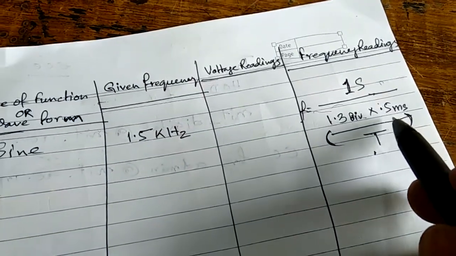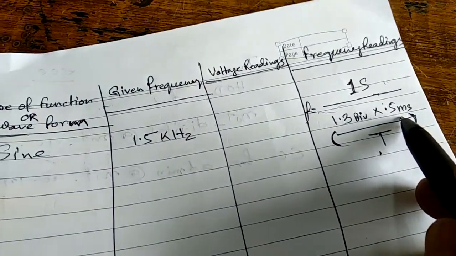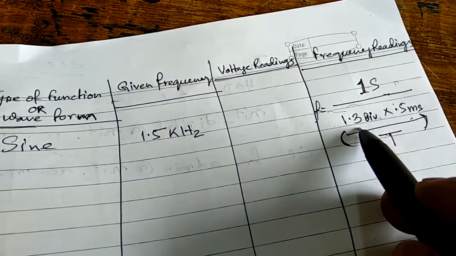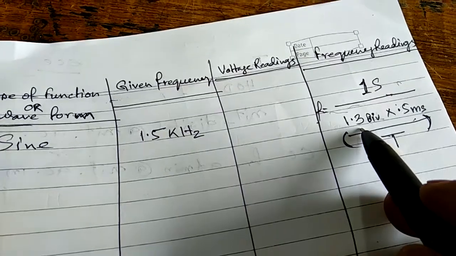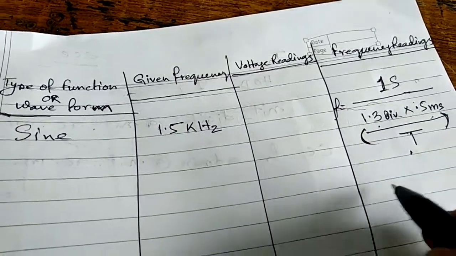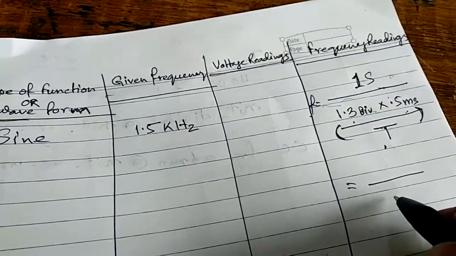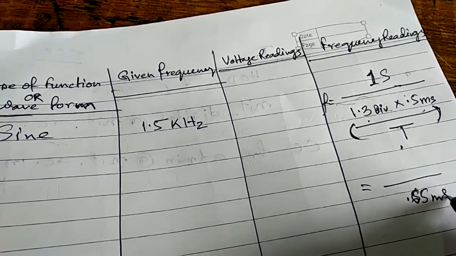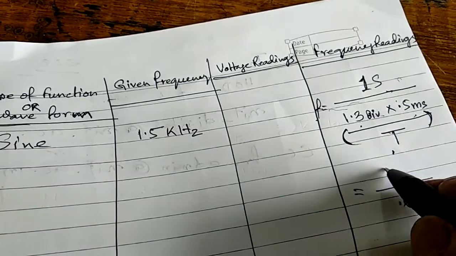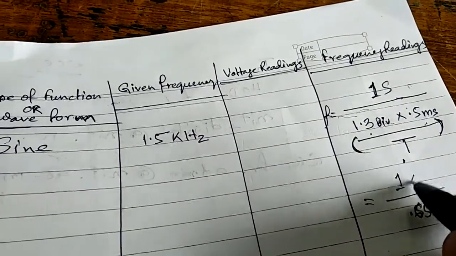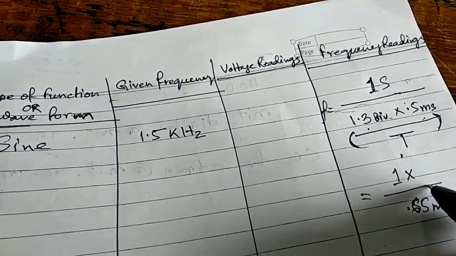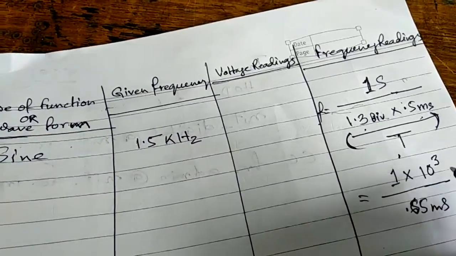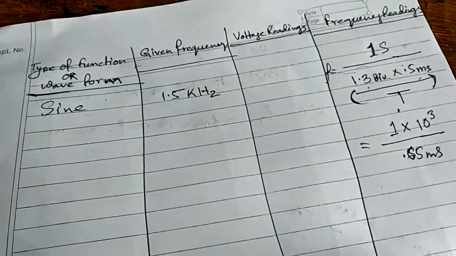So we already set our time base at 0.5 millisecond and our calculated peak difference is 1.3 divisions. So our time will be 0.65 ms. We also have to convert milliseconds into seconds by multiplying by 10 to the power 3.